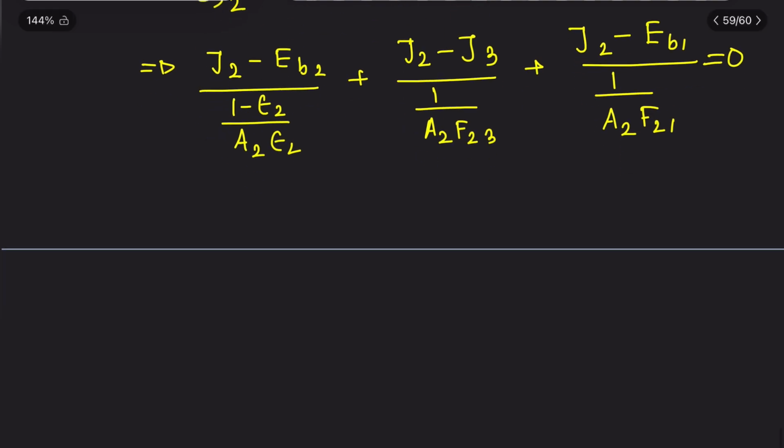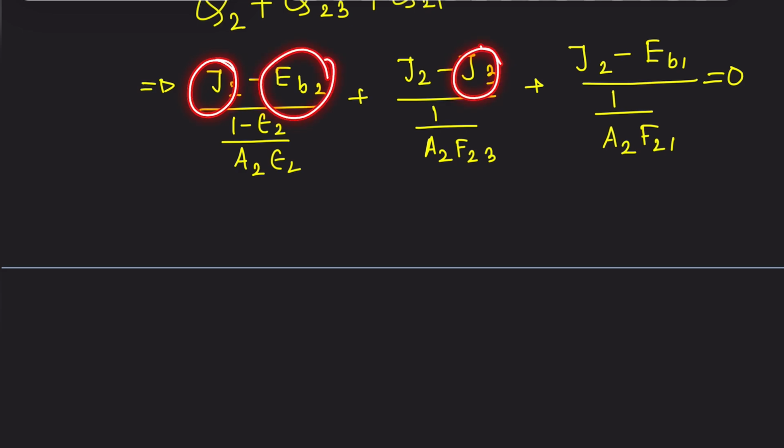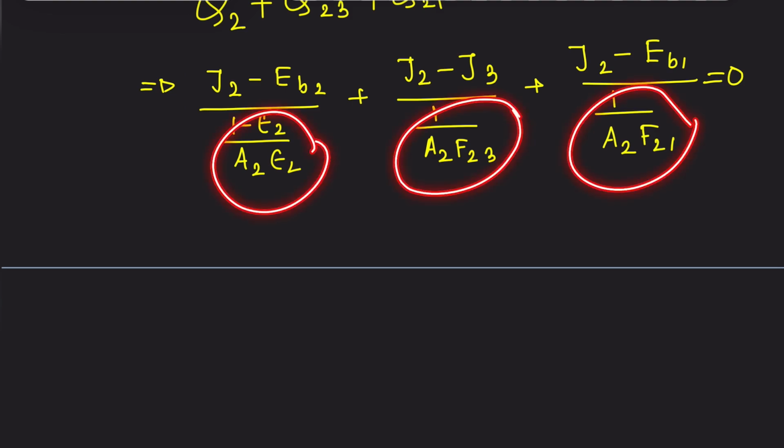So here you see that I got the equation for J2 and J3. Now this EB2 is known, this is known, this is known, and this is known, but this is unknown, that is fine.